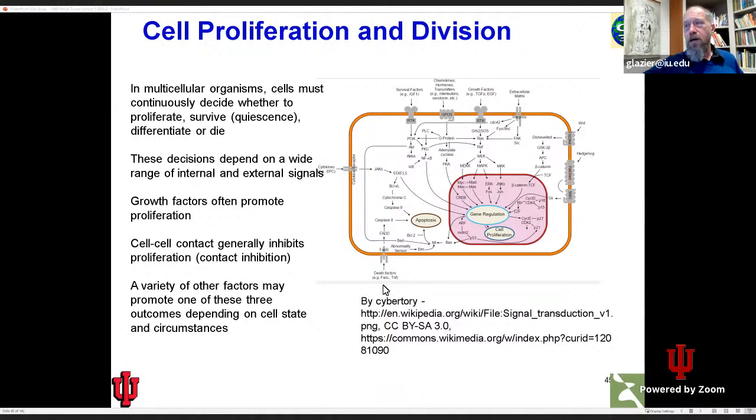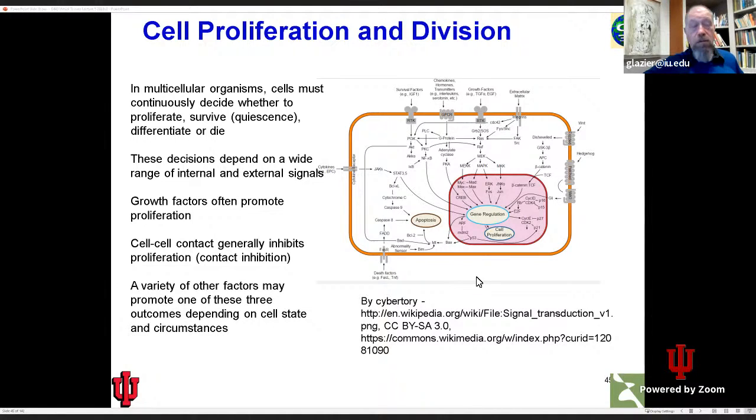You'll notice down at the bottom, there are what are called death factors. These are signals that promote cell death. You could say, why do you want to have cells die? And the answer is that programmed cell death is critical to development and maintenance of tissues. If cells don't die when they're supposed to, you have a problem.